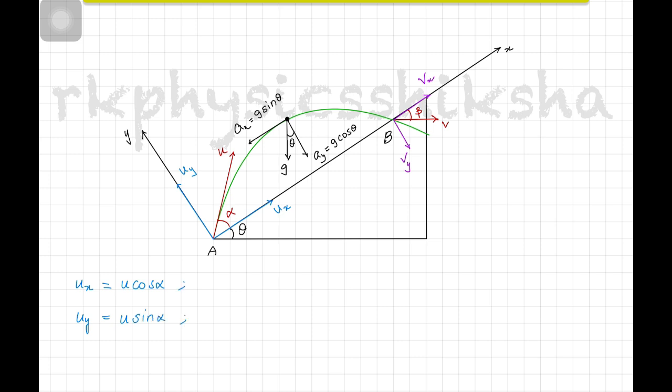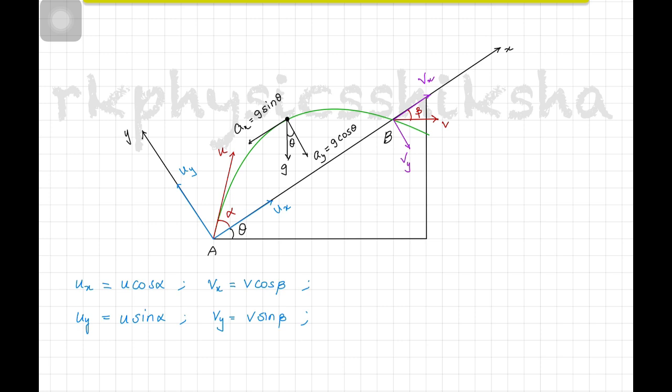And at the point of striking the ground, beta is the angle, so Vx, the horizontal component of velocity, is V cos beta, and the vertical component Vy is equal to V sin beta.